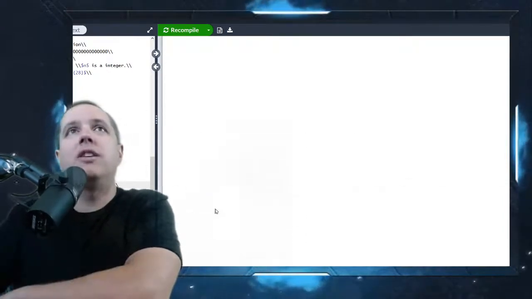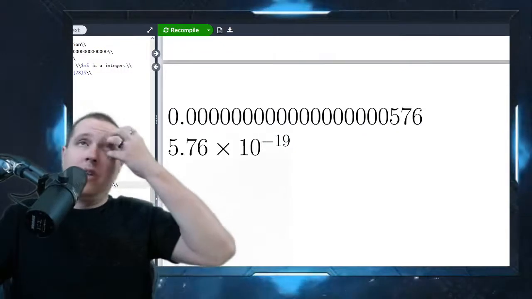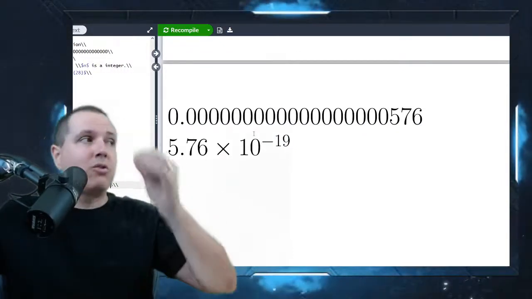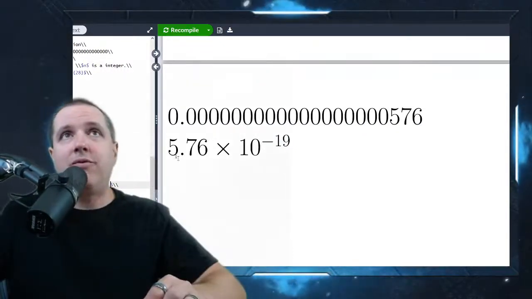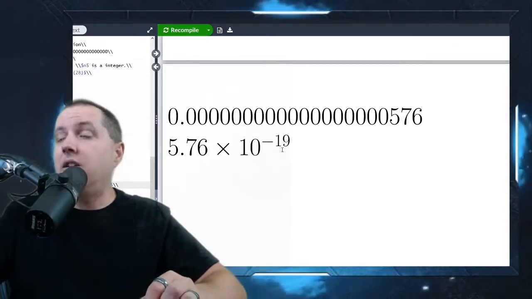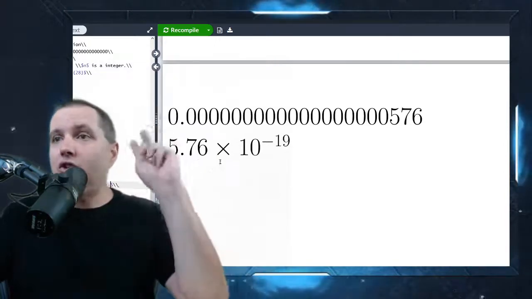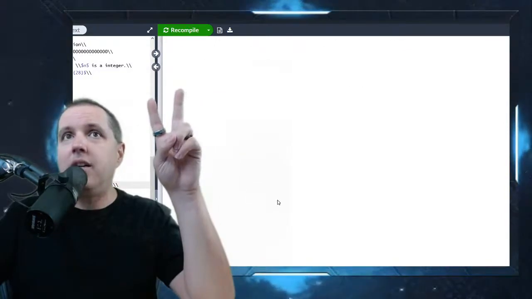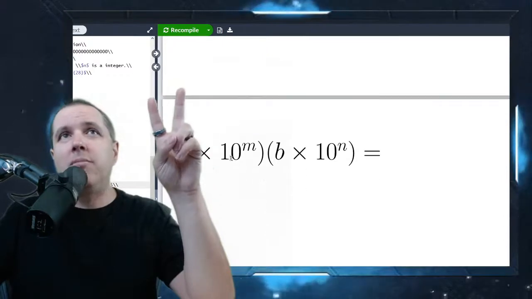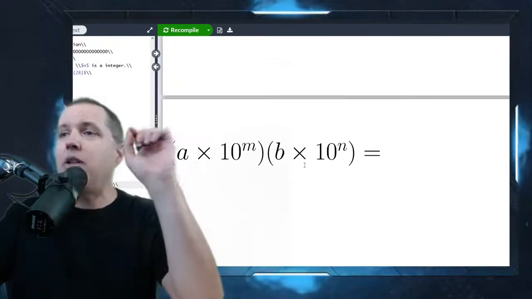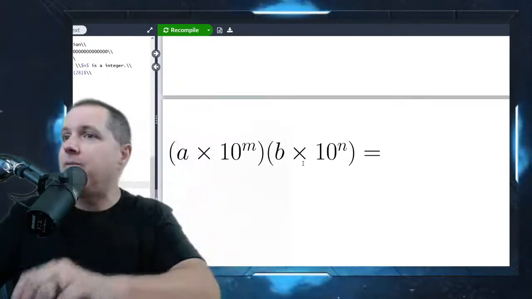Look at our example that we did here. This one number is actually two numbers being multiplied together. It's 5.76 and it's 10 to the negative 19. Multiply those together, you get your answer. So scientific notation is already two numbers being multiplied. If we're multiplying two numbers in scientific notation, we're actually multiplying four things together, right?